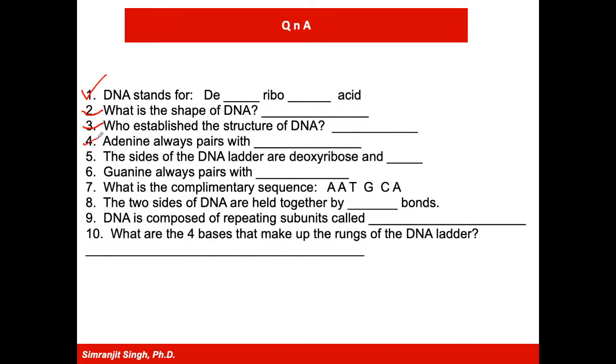Adenine always pairs with what? The sides of the DNA ladder are deoxyribose and what? Okay, first answer the first five, then we go for the next five. Answer these first five questions in the chat box, and I will check them. Then we proceed.